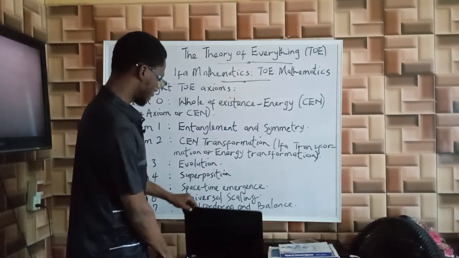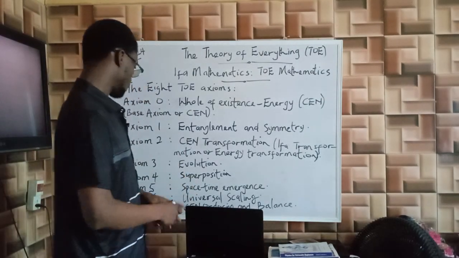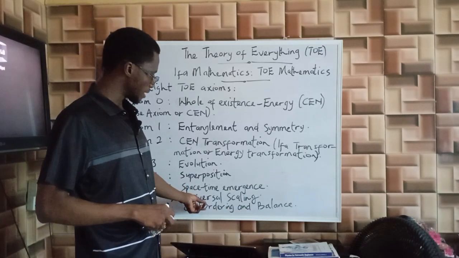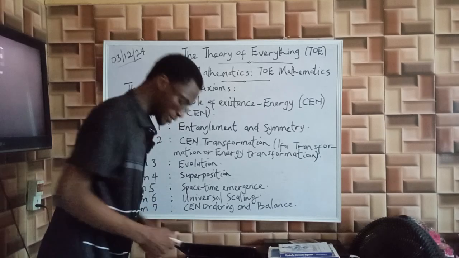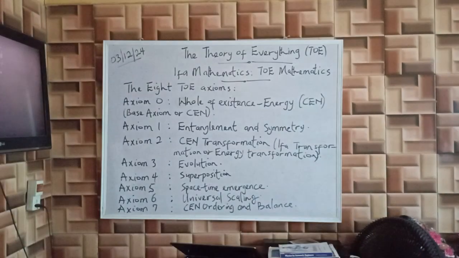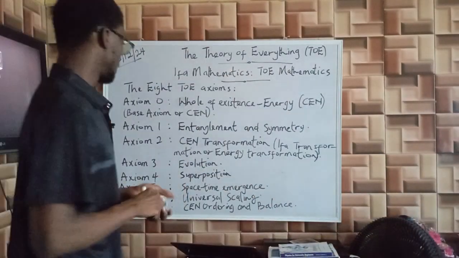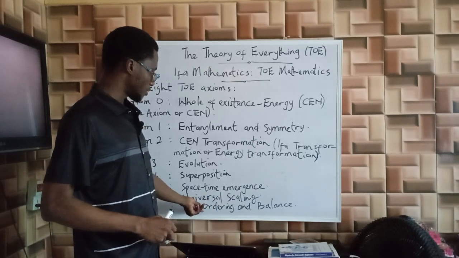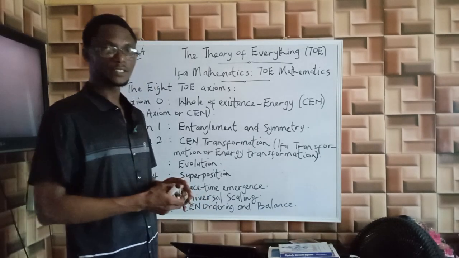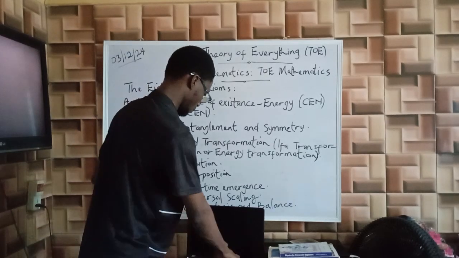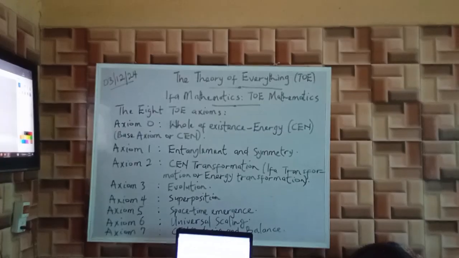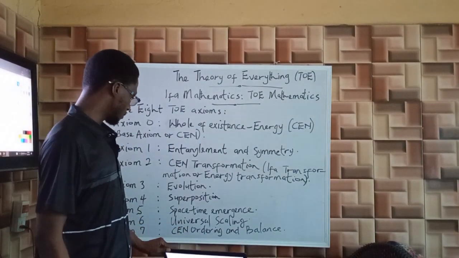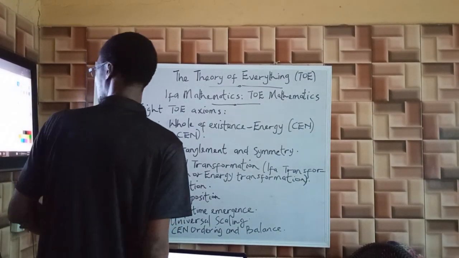So this one is telling us how all things in existence evolved from ordering of energy. So we have the last one, axiom 7.